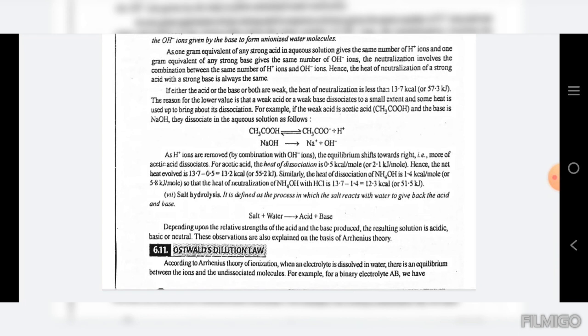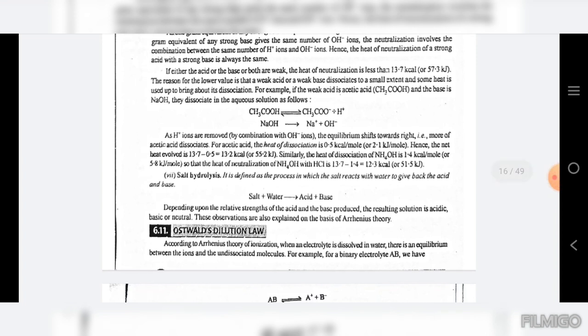If either the acid or the base or both are weak, the heat of neutralization is less than 13.7 kcal. The reason for the lower value is that a weak acid or a weak base dissociates to a small extent and some heat is used up to bring about its dissociation.